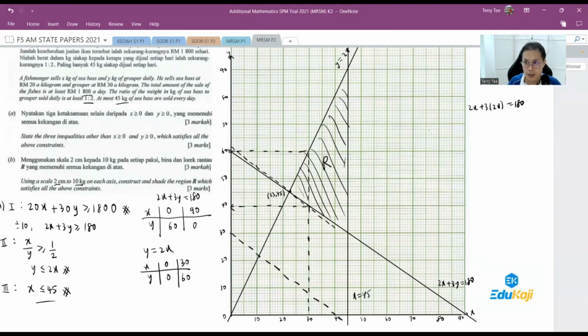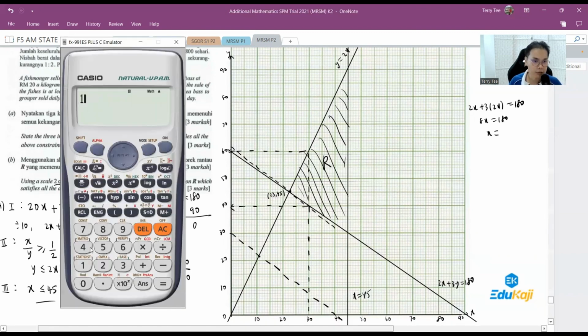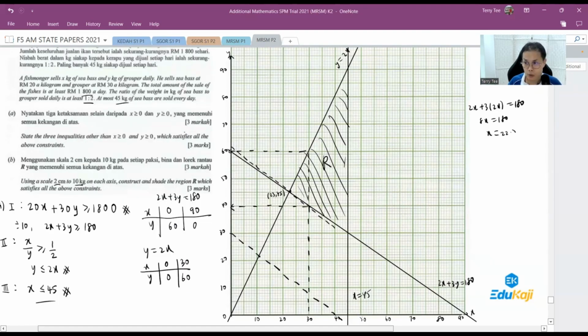So this will be 6 plus 2 is 8x equals 180. x is 180 divided by 8. So when I take 180 divided by 8, I got 22.5. But obviously we can't take 22.5. All this must be whole number, and 22.5 will be outside. We want it to be inside the region, so we have to take 23.